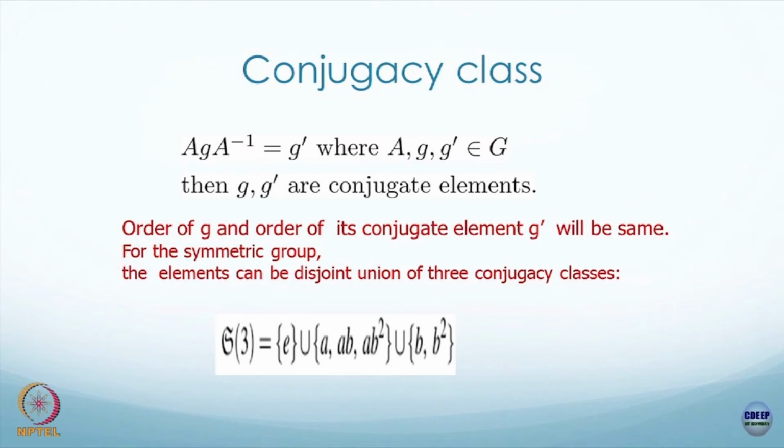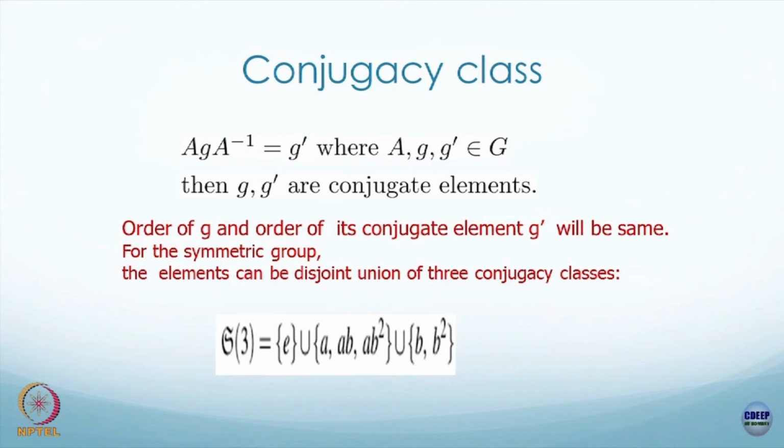Then such a relation will tell you the element G is conjugate to G prime. Till now I was talking about groups generating conjugate subgroups, but now I am going to confine to conjugates of the group elements. Then G and G prime are conjugate elements.